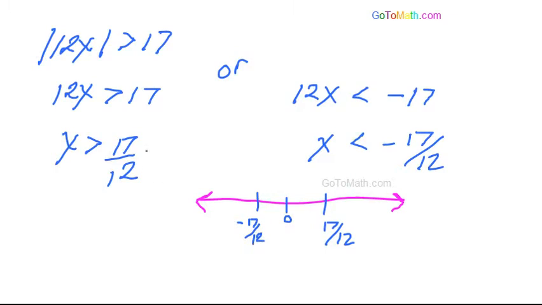So this says everything greater than. Now we put a circle here because we don't include it, okay? And everything greater than, right? Put a circle here, and everything less than. That's what this says.